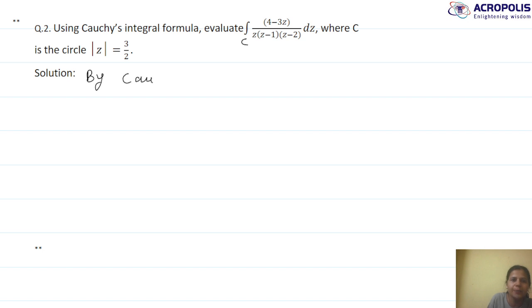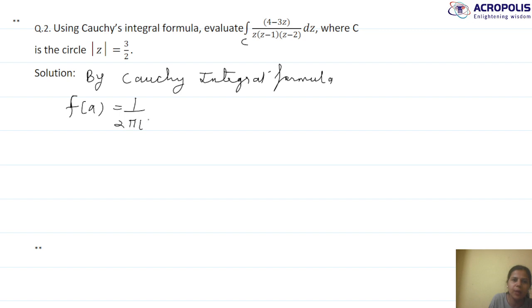By Cauchy integral formula, we have f(a) equals 1 upon 2πi times the integration along C of f(z) upon z minus a dz.